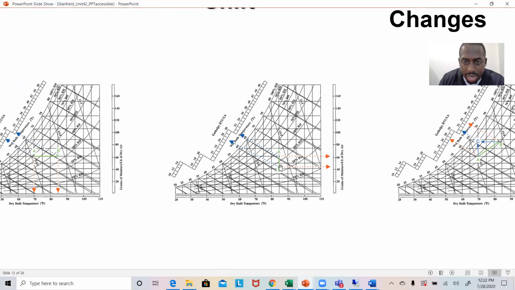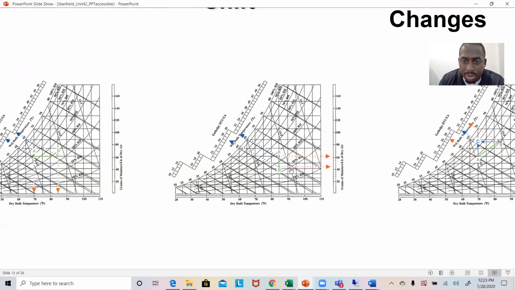So if we look at point A and point B, there's a significant change in the grains of moisture. However, it's still sitting right here at 85 degrees. So no matter how high we go up this line, as long as we're on this line, we're still at 85 degrees, but other things are changing.